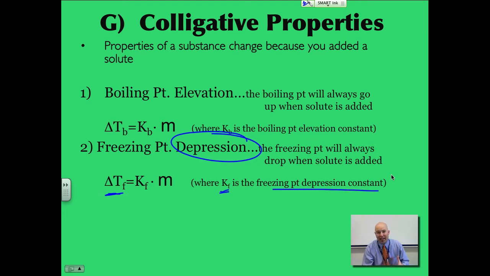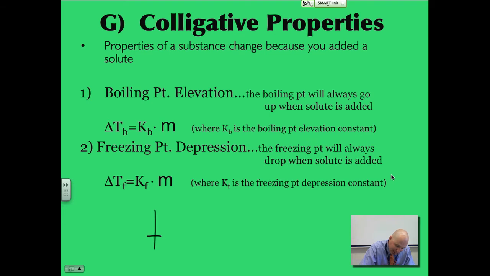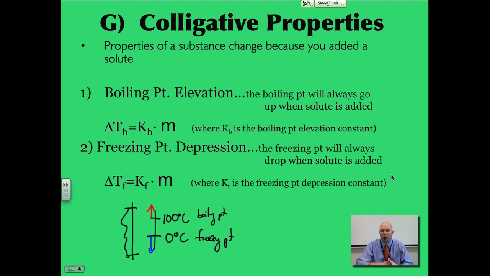It's not the same for every solvent, and it's not the same as the boiling point constant. But the important thing to recognize about boiling point elevation and freezing point depression is this: if water freezes at 0 and the boiling point is 100, and the boiling point elevates and the freezing point depresses, then you're going to have a larger range where the substance is a liquid.